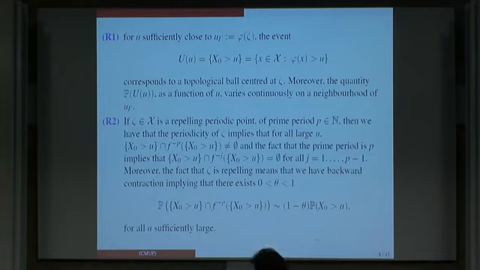So if zeta is periodic, and if it's a repelling periodic point, then one knows that there is some set, some ball smaller than this one, that after some time p, which is actually the period of zeta, comes back to the original ball, okay?